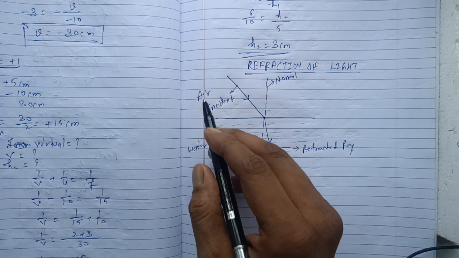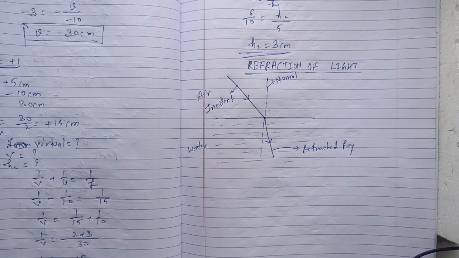So the light ray which is coming and striking the surface is called the incident ray. The perpendicular drawn at the point of incidence is called the normal, and the light ray which is refracted, with the changed direction, is called the refracted ray.